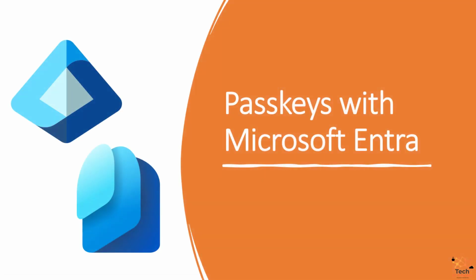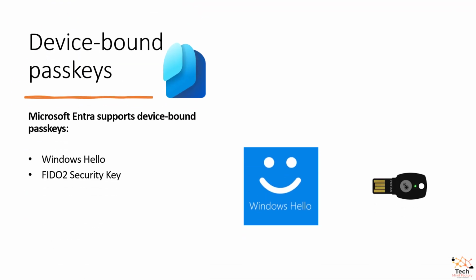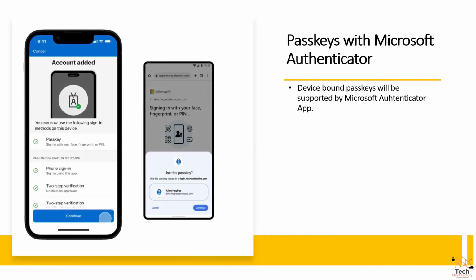Okay, perfect. So now let's talk about passkeys with Microsoft Entra. Today, Microsoft Entra ID supports device-bound passkeys. So we can use either Windows Hello for Business or FIDO2 security keys for strong, phishing-resistant authentication. But in the future, there will be one more great option, which was announced during Ignite 2023: passkeys with Microsoft Authenticator.